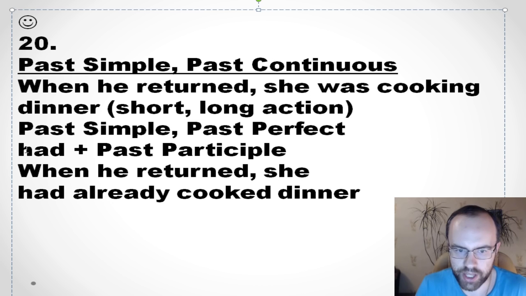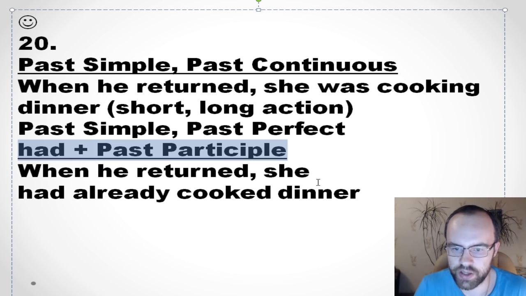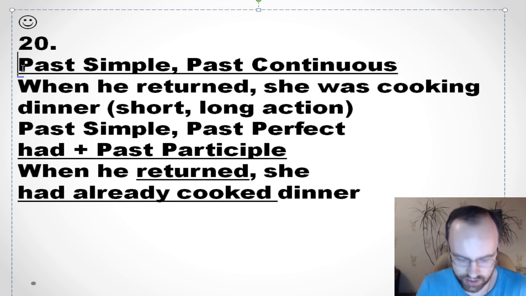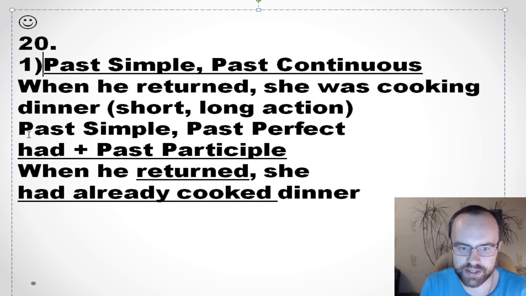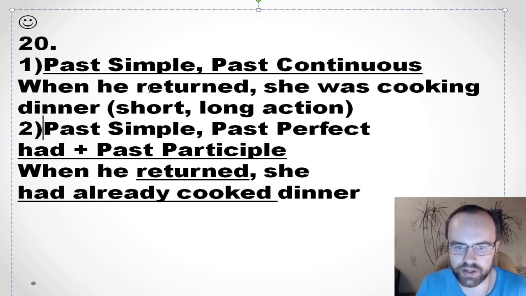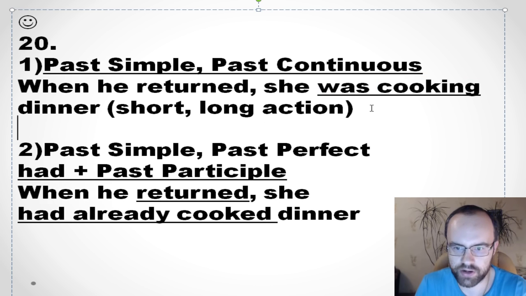Yeah? Had plus past participle. We use it if the second action happened earlier. It's a rule. Yeah? Had already cooked dinner. So it's the first situation, the second situation. Okay, I think you understand. She was cooking. Okay, very good, my friends.